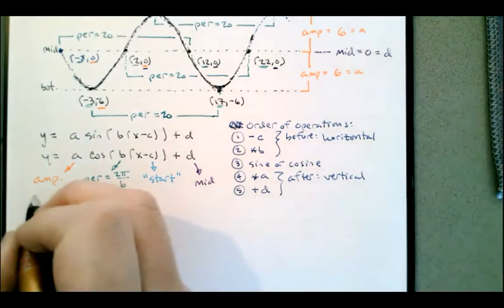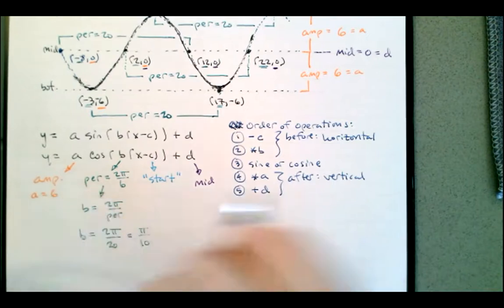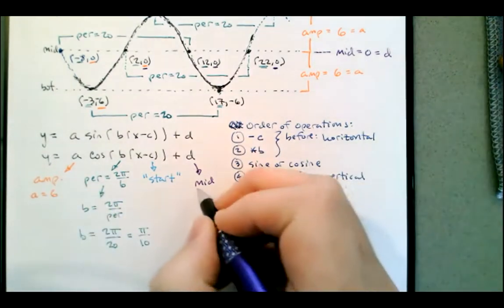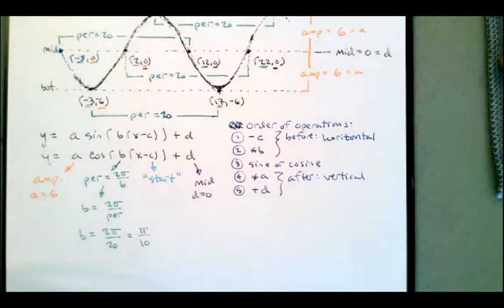So we're just trying to build all of the numbers that we're going to stick into the equation. The amplitude is 6. The mid was 0, so d is equal to 0. And now we got the value of b, which is messy. It's pi over 10. We'll just write pi over 10. It's fine. The last one is the value of c that we're going to use. And that's going to determine whether we use positive sine, negative sine, positive cosine, or negative cosine.